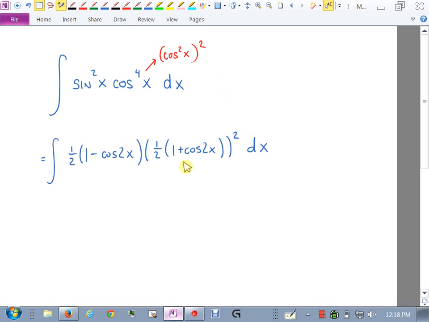Then what? How about we pull the 1/2 out? And when I square this 1/2, it's a 1/4. So pull everything out as a 1/8. And then I still had 1 minus cosine 2x, and then over here I had what? 1 plus cosine 2x squared.